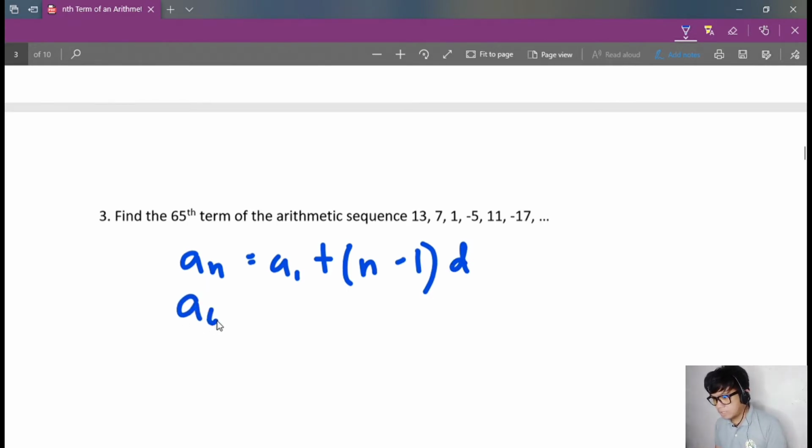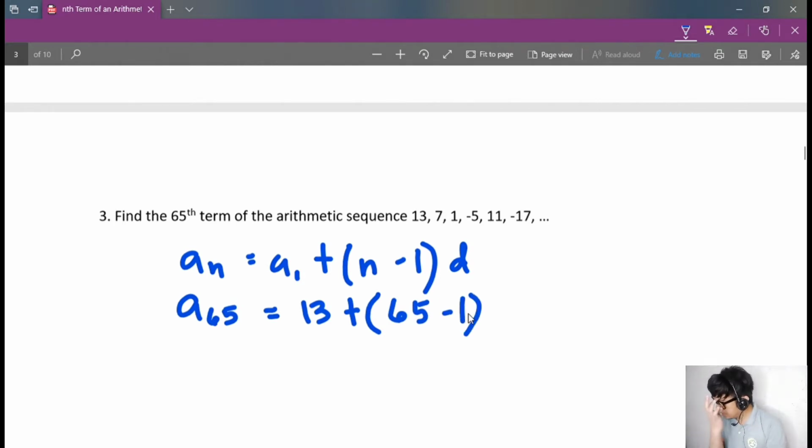So, A sub 65 is equal to, A sub 1 natin is 13 plus 65 minus 1 times, the common difference is 7 minus 13. So, 7 minus 13 is negative 6. So, our common difference is negative 6.